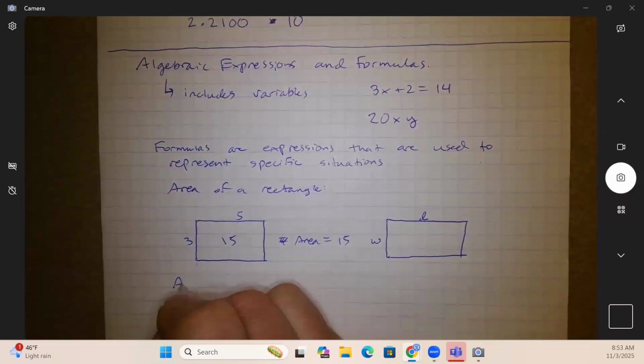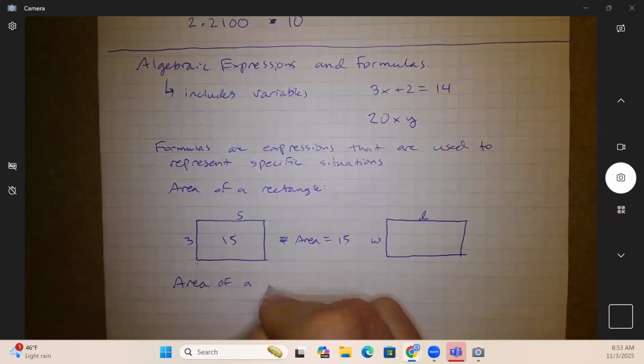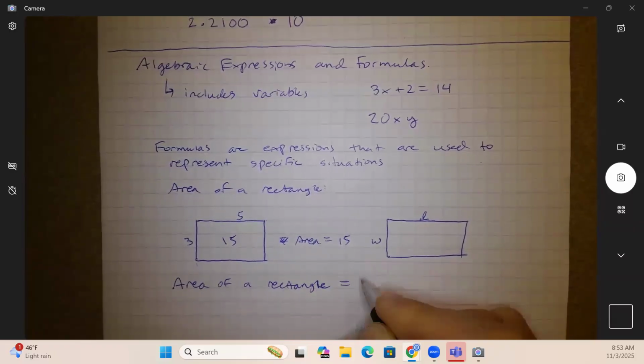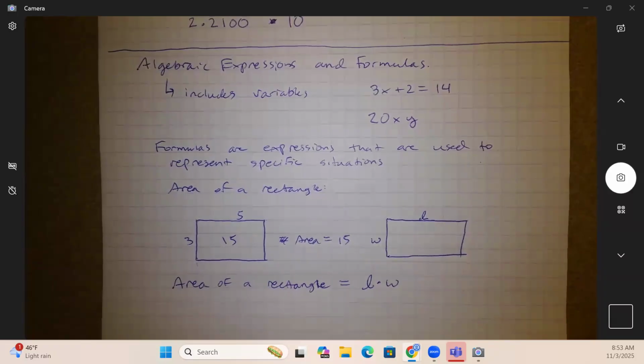So the area of a rectangle is length times width, right? It's a mathematical expression that represents a specific situation. And by putting in different numbers for the length and different numbers for the width, we can find the area of different rectangles.